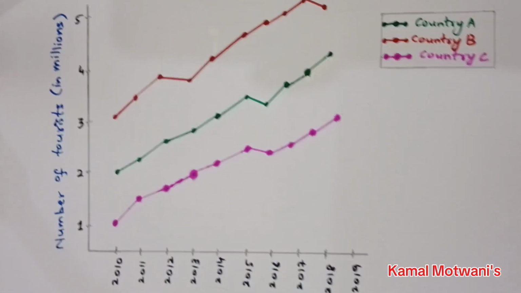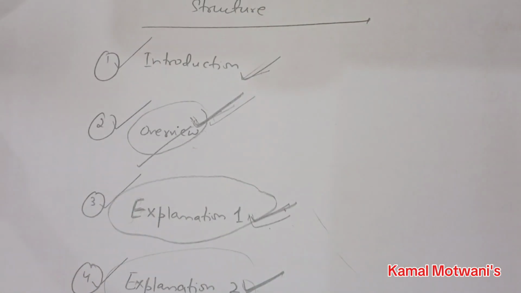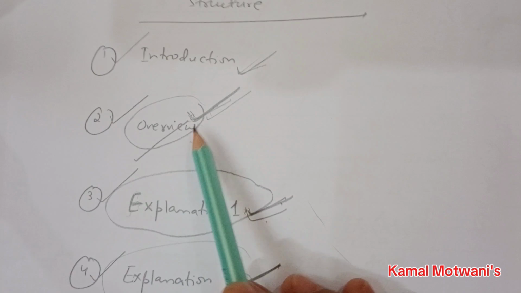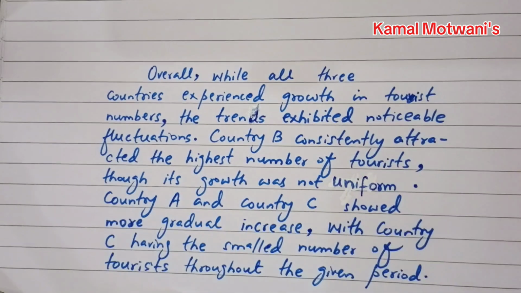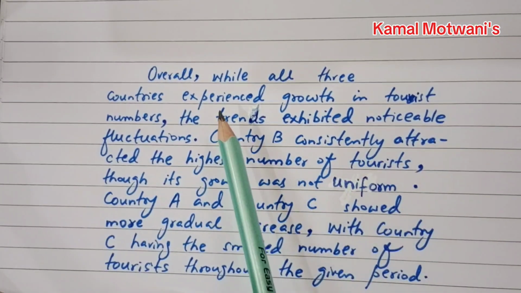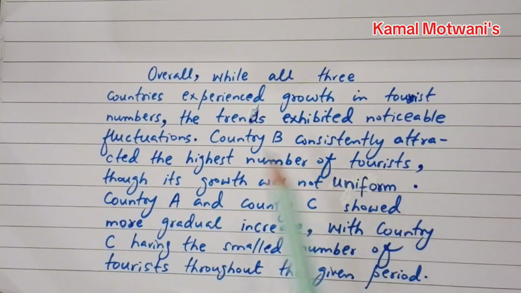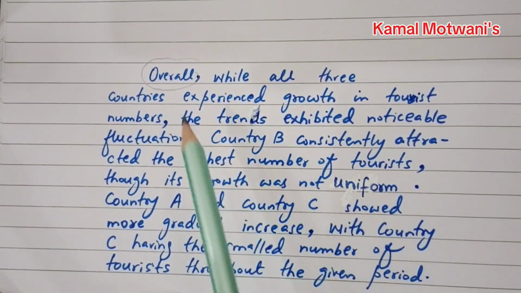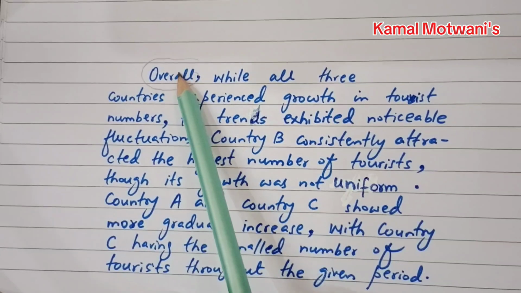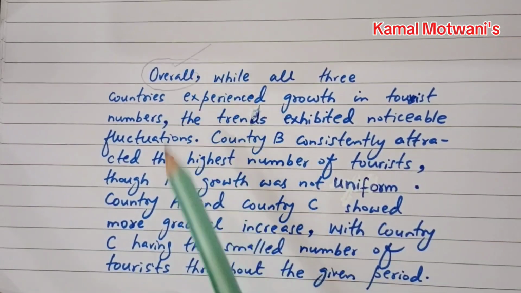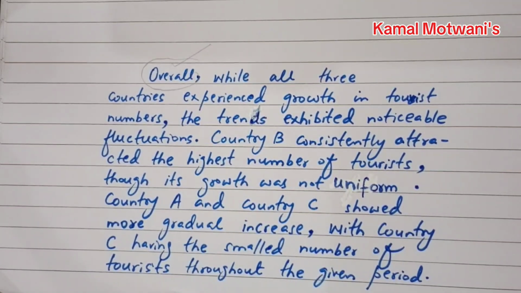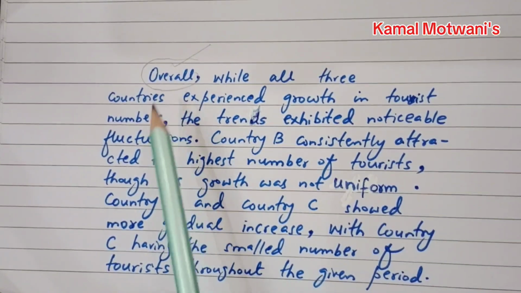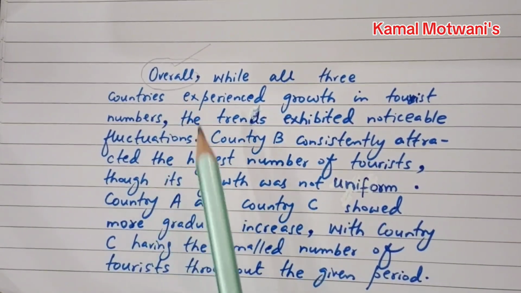Let's see how I have written it. Here is the second paragraph. Overall, this connector is very necessary, and you start the second paragraph with it. It shows that we are going to write the overview, and it hints the examiner. So this is very much necessary.